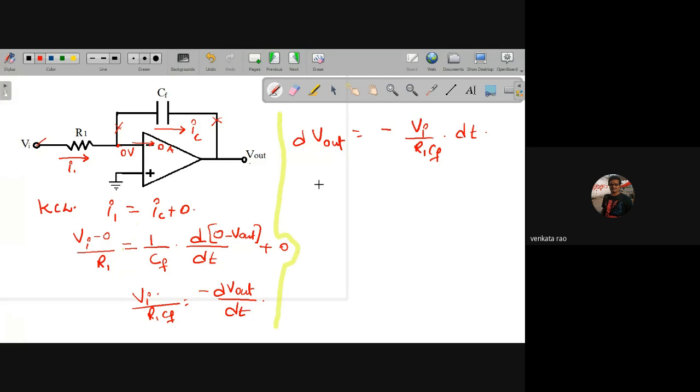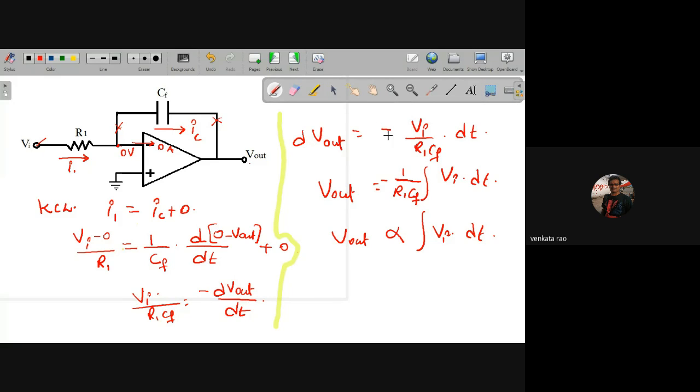Then V naught equal to minus 1 by R1 Cf times the integral of Vi dt, where 1 by R1 Cf is a constant. So V output is directly proportional to the integral of Vi dt. There is a negative polarity, and the negative polarity represents integration.